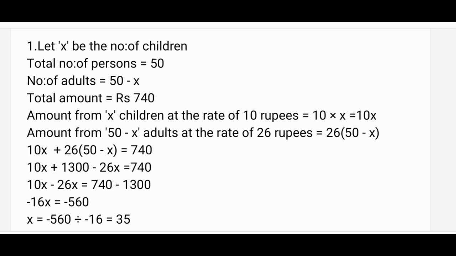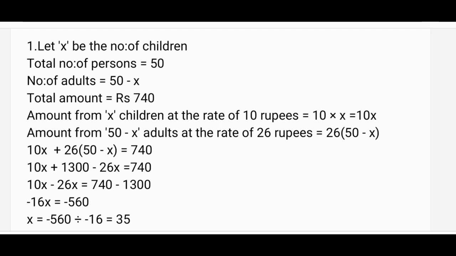Children, you must write like this in your notebook. Let x be the number of children. Total number of persons is equal to 50. Number of adults is equal to 50 minus x. That means total number of persons 50 minus number of children, that is 50 minus x.